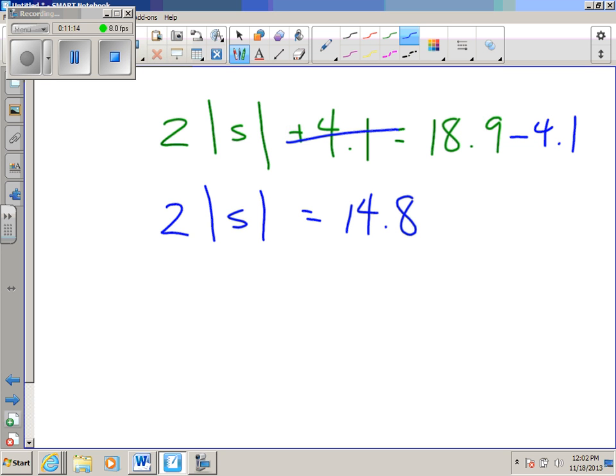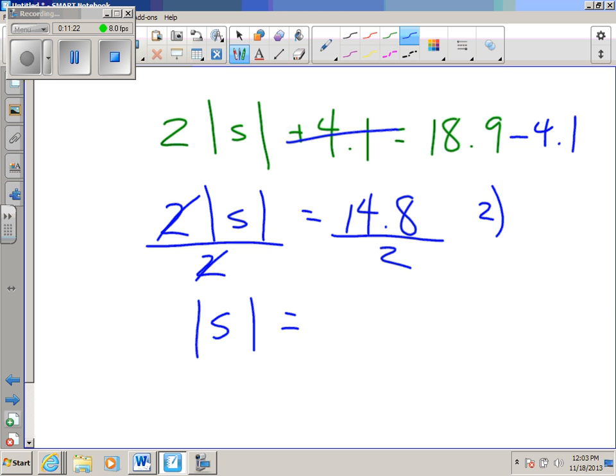Divide both sides by 2. That will cancel out, giving me the absolute value of s. What is 14.8 divided by 2? 7.4. Now, when you see it written like this, if your absolute value of s has to equal 7.4, what are your two options?